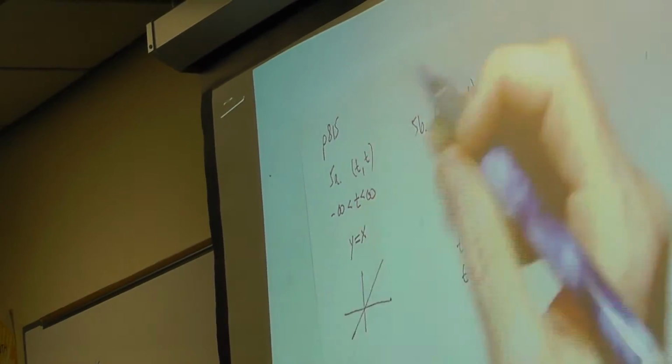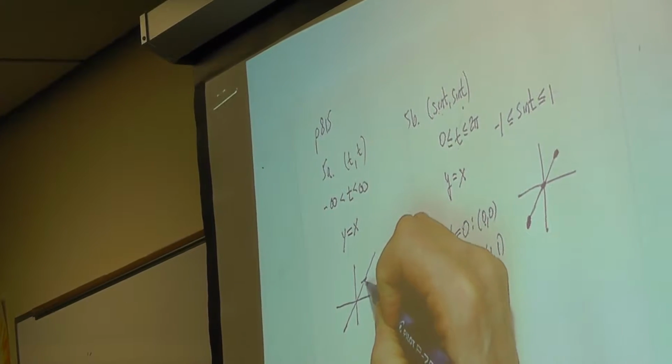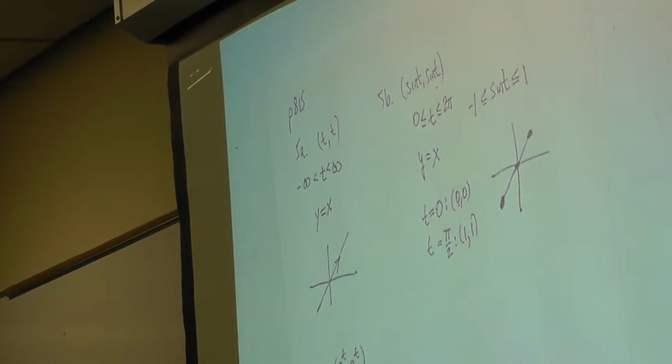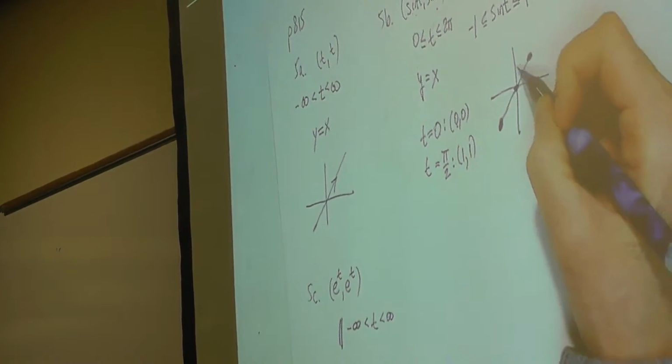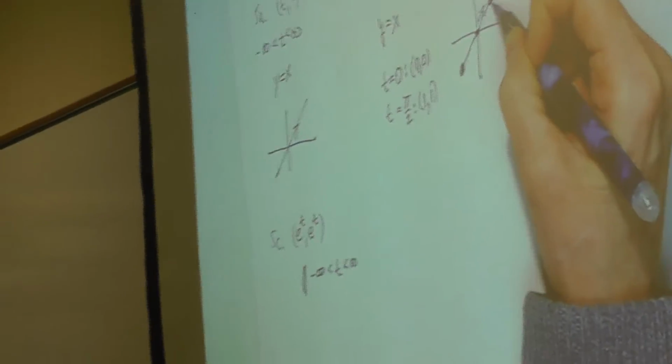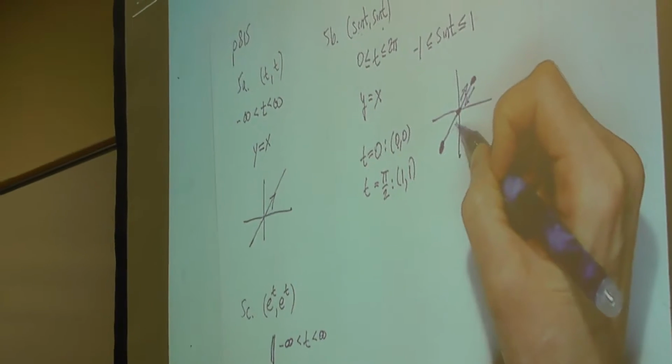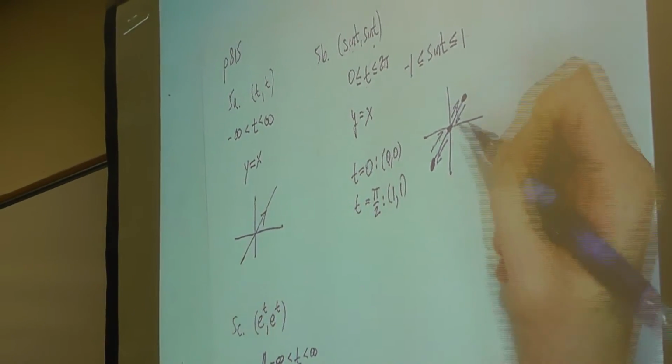I forgot to indicate direction, so this guy's going this way. This guy started at t equals 0 at the origin, goes up, hits this, comes back, and then goes back up.